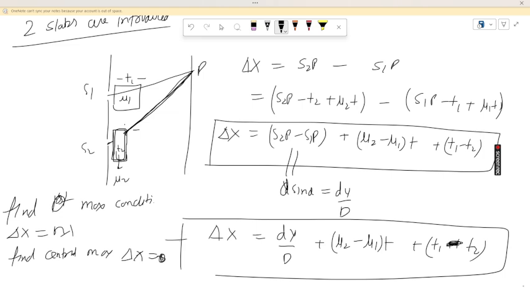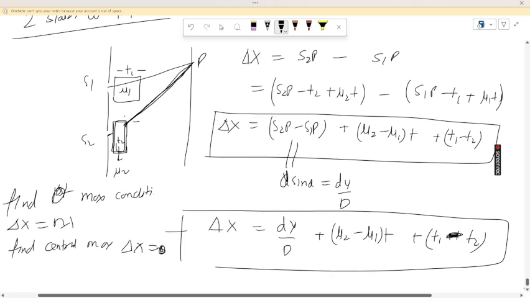So you can calculate everything: first maxima, second maxima, third maxima, central maxima, every value by using these formulas. You just need to calculate the path difference at any point that you know. So this is all about the introduction of a slab in YDSE.